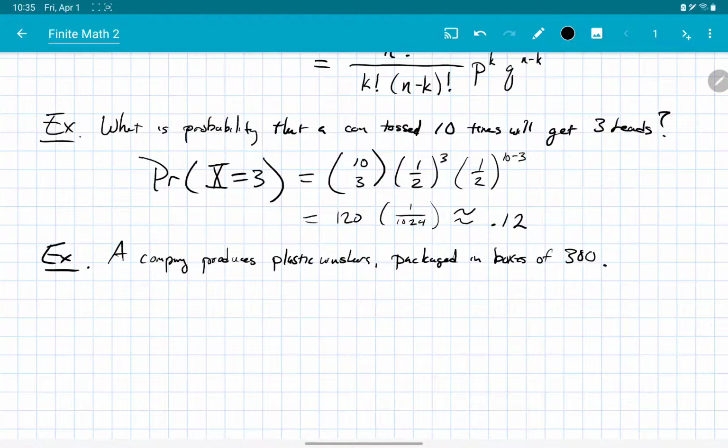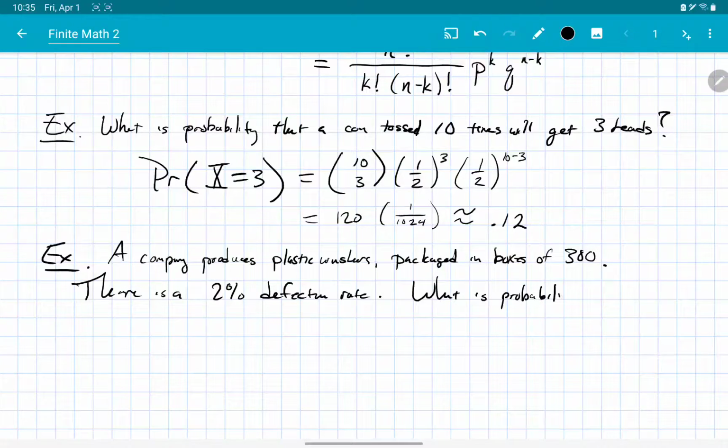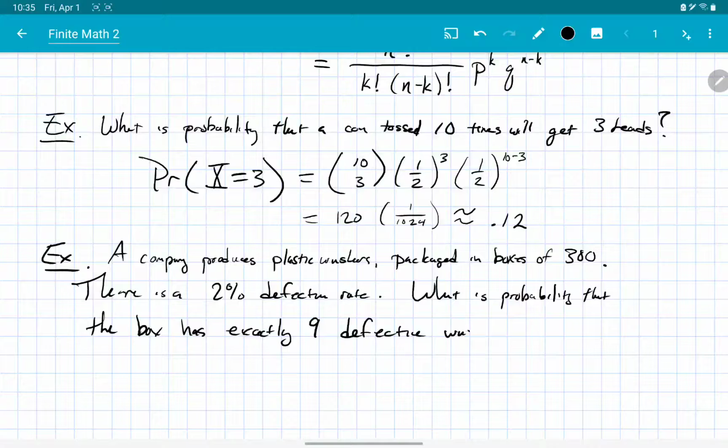Okay, so you buy a box, it's got 300 plastic washers in it, but there is a 2% defective rate. 2 out of every 100 about are defective. And the question is, what is the probability that the box has exactly 9 defective washers?